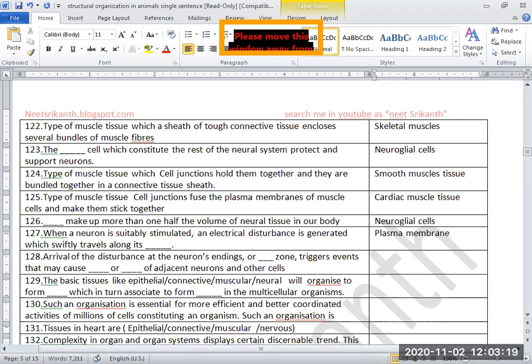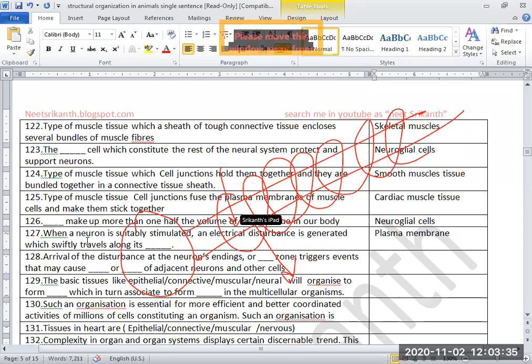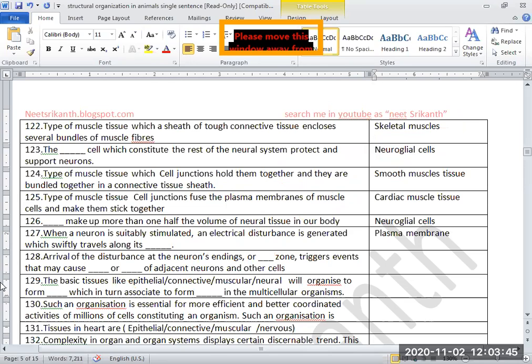What is the name of that plasma membrane? I'm just asking a question from the neural control and coordination chapter. This chapter is related to human physiology, isn't it? Axolemma, we call it.